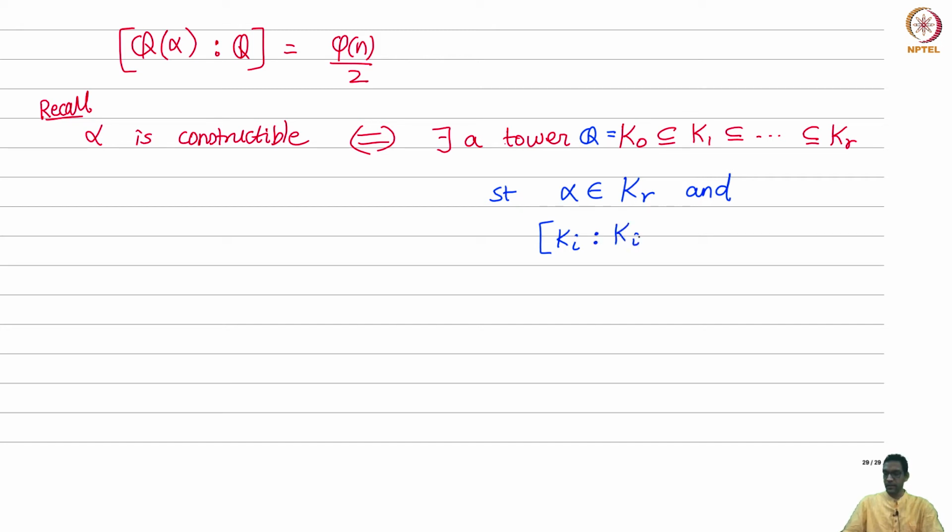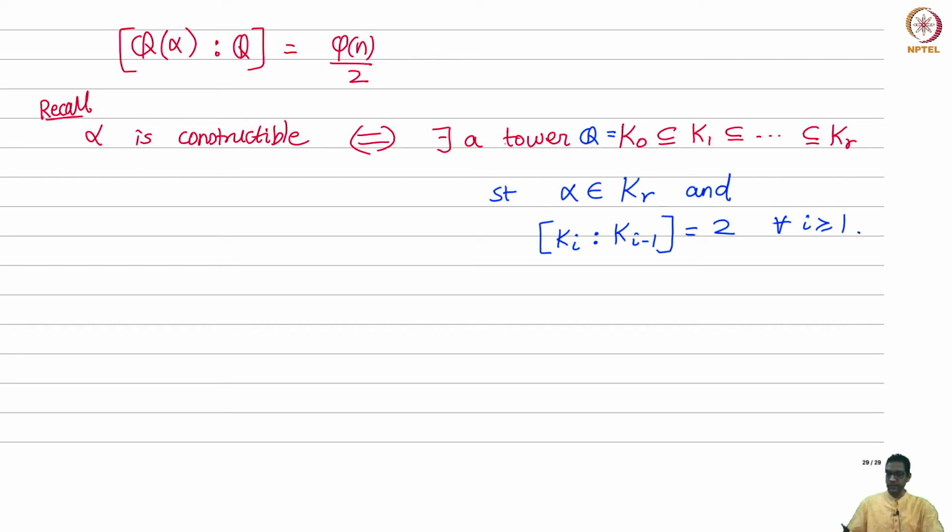K(i-1) to Ki is a quadratic extension for all i greater than or equal to 1. So you can get it inside a tower of successive quadratic extensions. This was the theorem on constructibility.